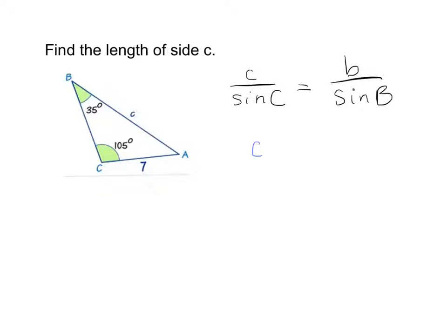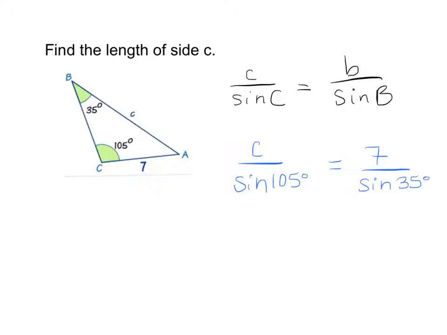C is what we're trying to find, but I'll put that over the sine of, what is the measure of angle C? 105. And then B is 7 over the sine of B, which is 35 degrees.